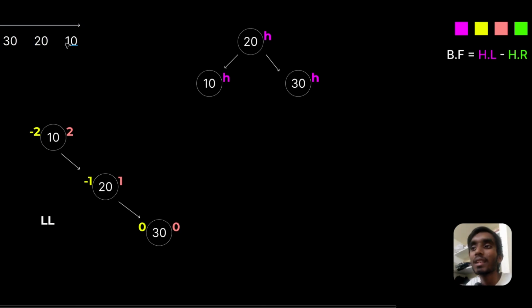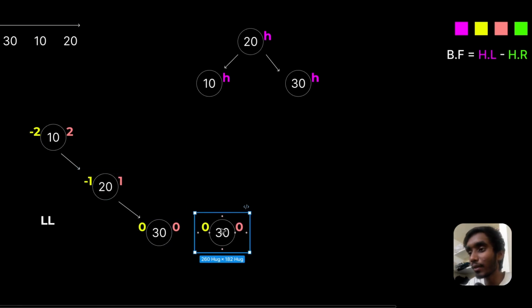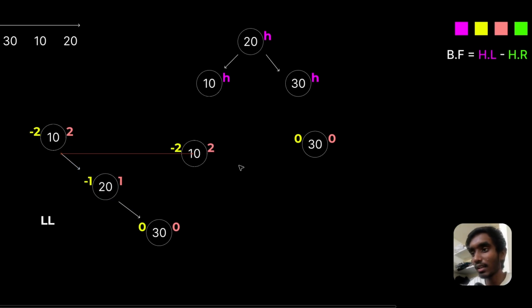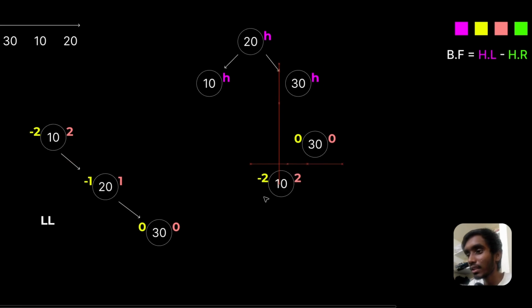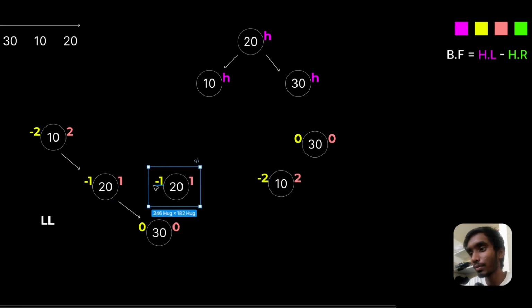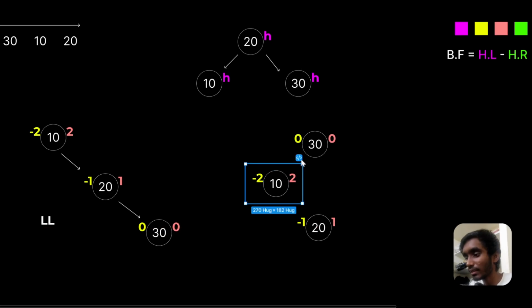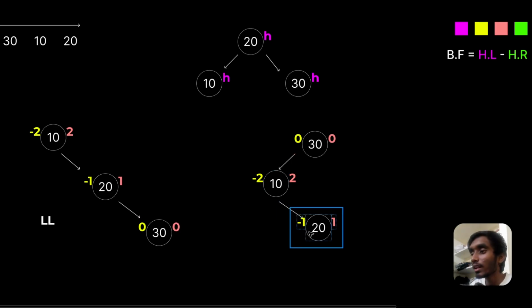Now let's tweak this a bit. Now 30, 10 and 20. I don't know exactly which kind of rotation it is, but it is a mixed rotation. We'll just go with that. 10 should be here, 20 should be here, something like this, pretty good. We'll have something like that. If you look, we'll rewrite those heights.